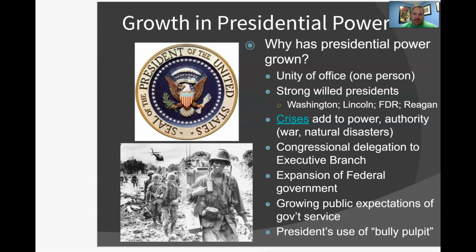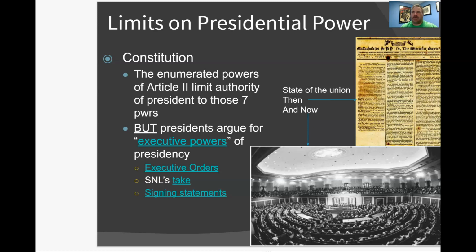Now, I don't want to pretend that there aren't limits on presidential power. Of course there are. But look at the Constitution. Yeah, the enumerated powers of Article 2 are limited to 7 express powers. But presidents have largely successfully argued that they have much greater implied powers through the, quote, executive powers of the president.